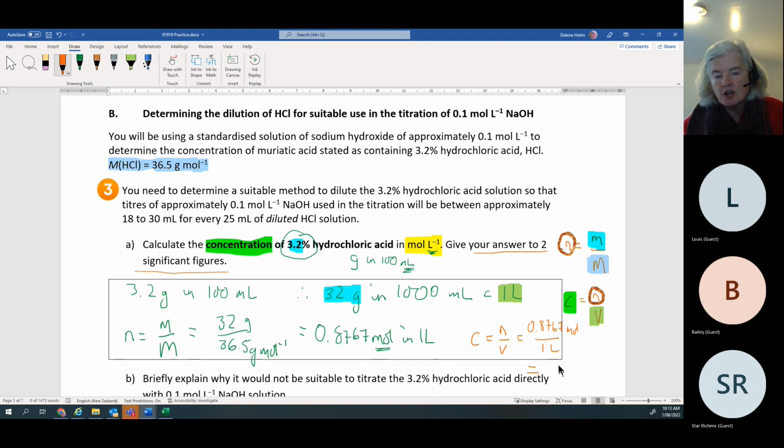I need to give this answer to 2 significant figures, because that was given to 2 significant figures. So will my answer be 0.8767? Will it be 0.87? Or will it be 0.88?